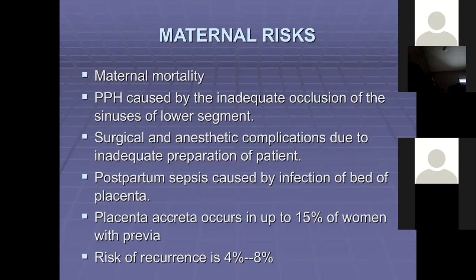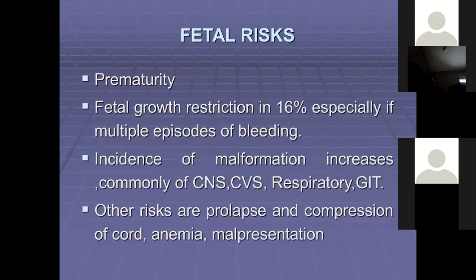Now, fetal risk. Yes, there is a risk of prematurity, because if the mother starts to develop heavy bleeding PV, then what will happen? We have to make a decision for delivery and we will go for cesarean section, and definitely the baby will be delivered before time.